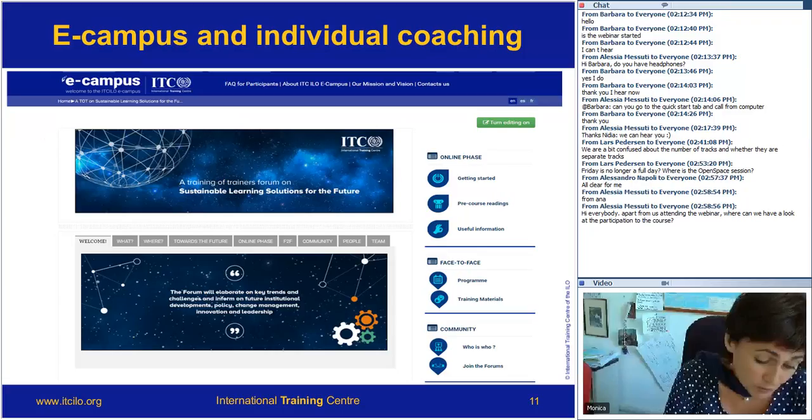In that eCampus, you will have all the materials that you will need, apart from the basic materials and the agenda, also the resources that we have been referring to in function of the specialized track. That's where you will also be able to continue to interact with your fellow participants, which in this webinar was rather limited, but there, through the asynchronous setting, you will have plenty of time to network and to ask questions already.